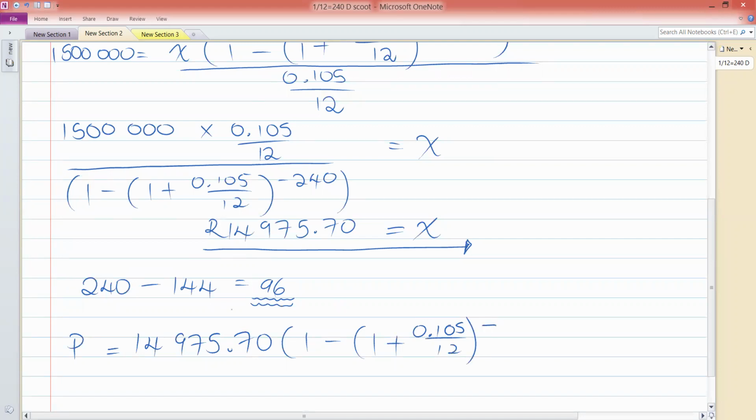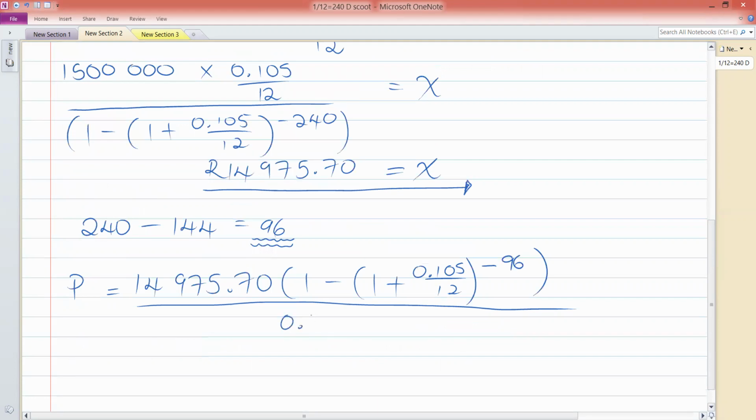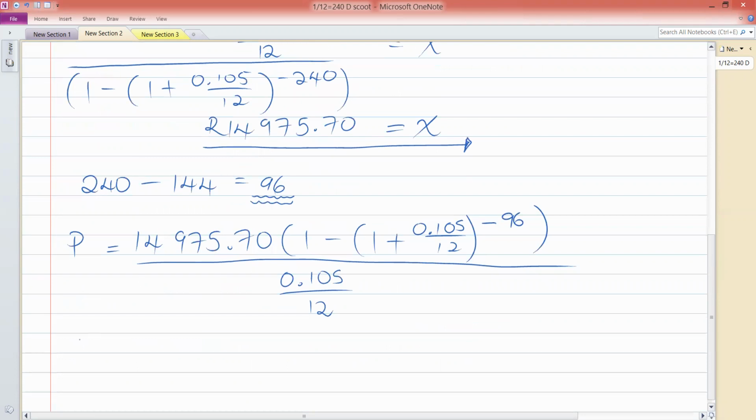This time, where you see n, you're putting in the time left. 0.105 divided by 12 in the denominator. Okay. Balance outstanding after the 144th payment. I'll let you work it out, and then you tell me what you get once you've worked this out.